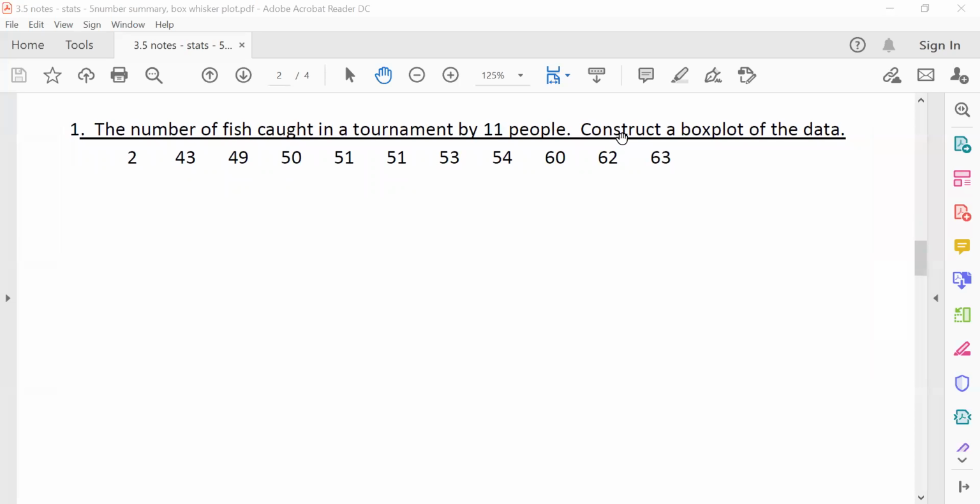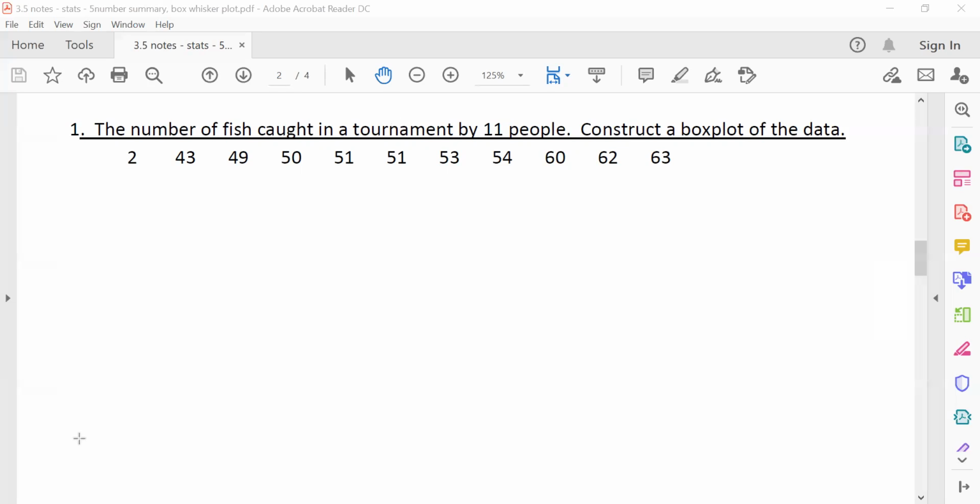We're going to go ahead and remind ourselves of the 5-number summary for this data. We said that the minimum was 2, the first quartile, Q1, was 49, the median was 51, the third quartile was 60, and the maximum was 63.